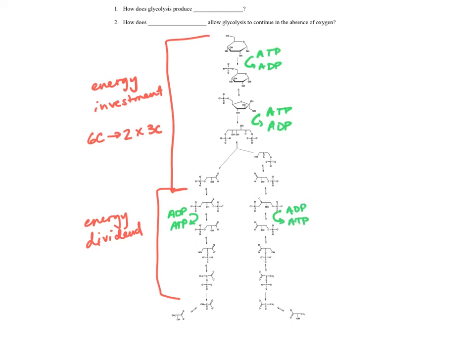So this is where we were -1, -2, then we gain +2 there to get us to 0, and then we're going to do it down here as well in the 10th reaction. ADP to ATP, do it twice on both sides. ADP to ATP, that gets us our +2. So overall, 2 invested, 4 gained, net 2.